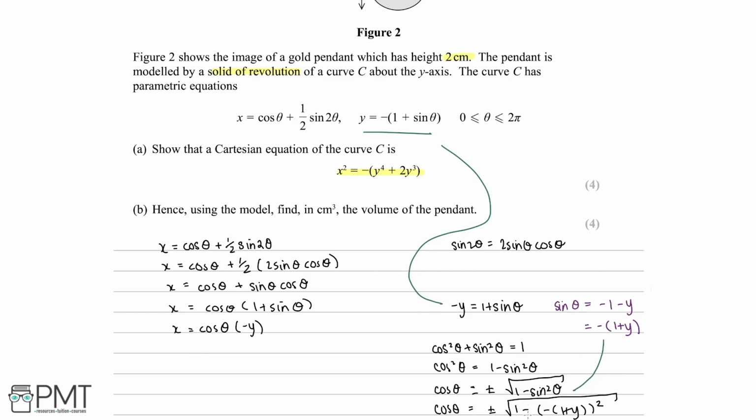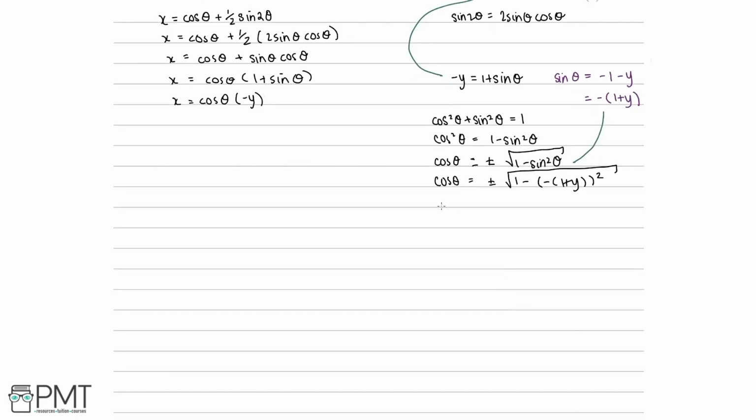Well, we can simplify this expression a bit more, as this will mean that cos theta is equal to plus or minus root 1, well, minus 1 plus y all squared will just be equal to 1 plus y all squared. And 1 plus y all squared will be 1 plus 2y plus y squared.